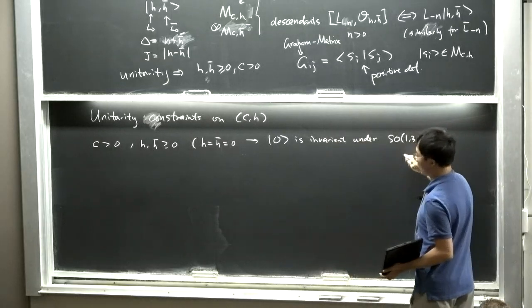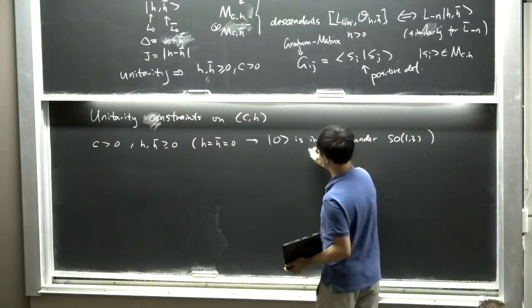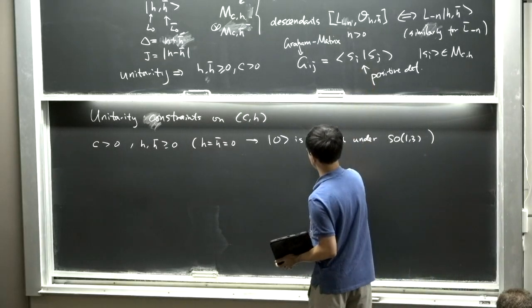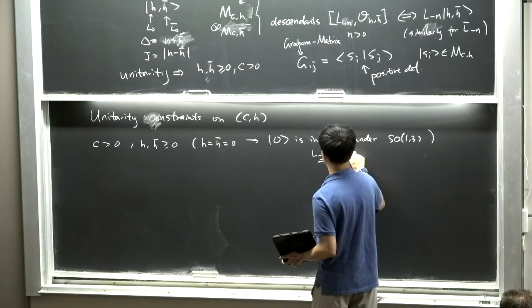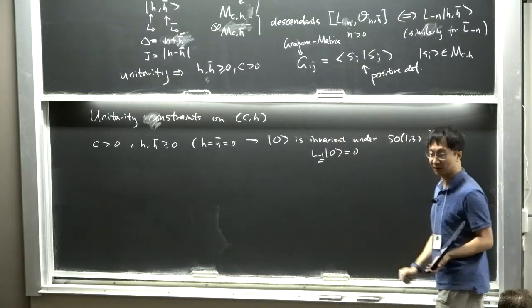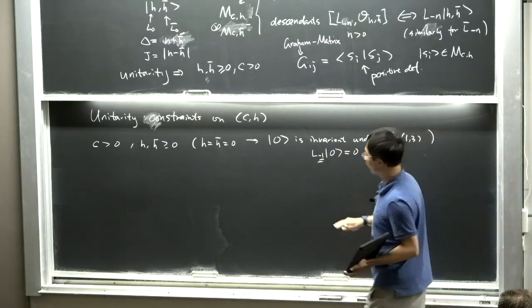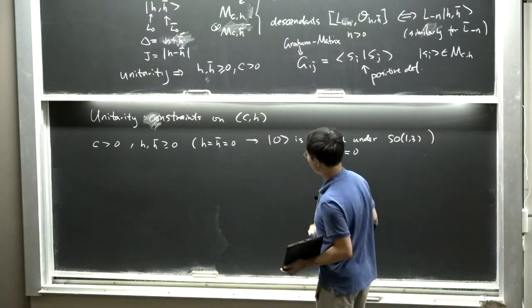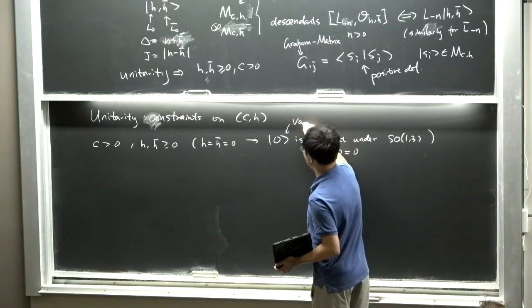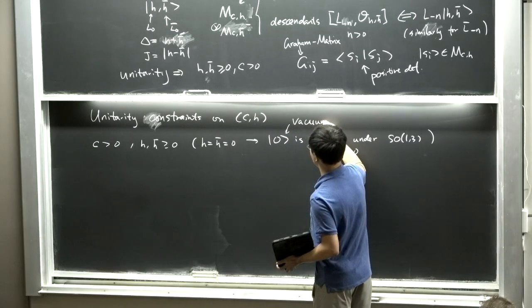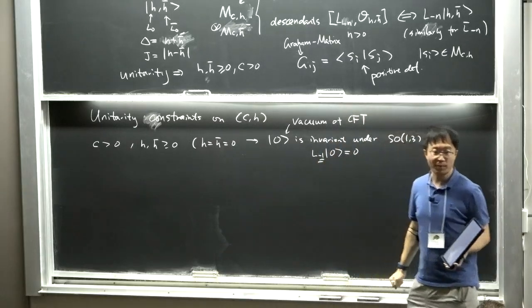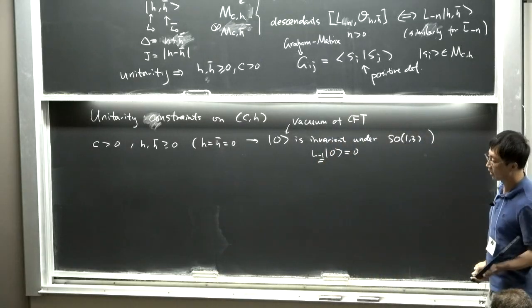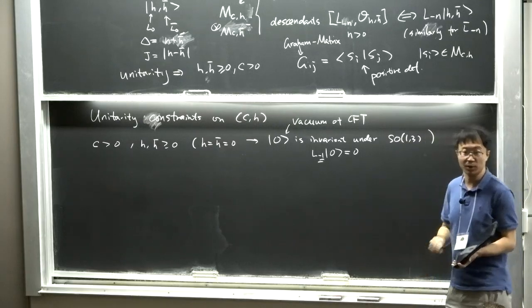So that is a special case. In terms of the algebra generators, it's the special case where L minus 1 acting on this state is also 0. This is also the reason why I label the state in this way, because this is precisely what happens to the vacuum of the CFT. With the property that I mentioned, it necessarily means that it will be invariant under the global conformal symmetry.